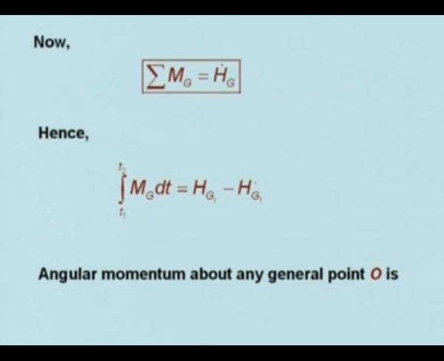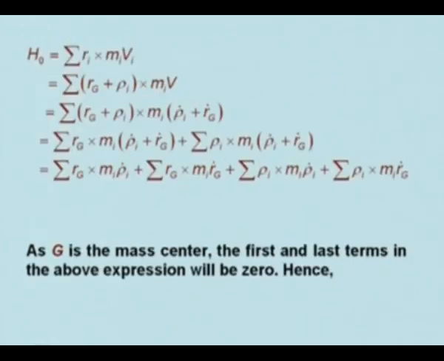Now we discussed angular momentum about the center of mass. Now let us discuss angular momentum about any general point O, that is HO is equal to sigma Ri cross mi vi, that is sigma Rg plus rho I cross mi vi.